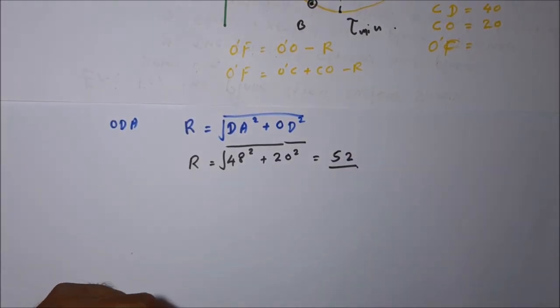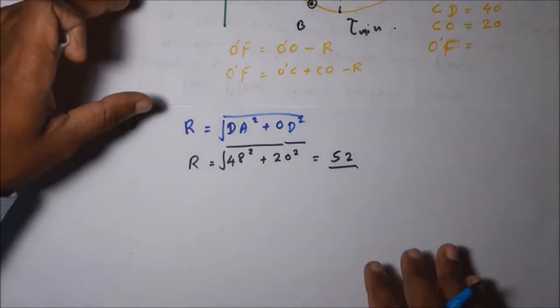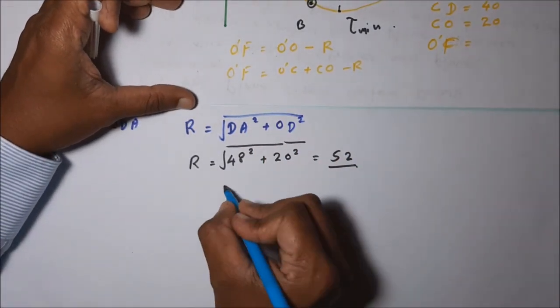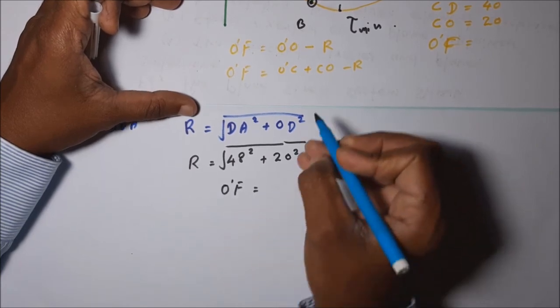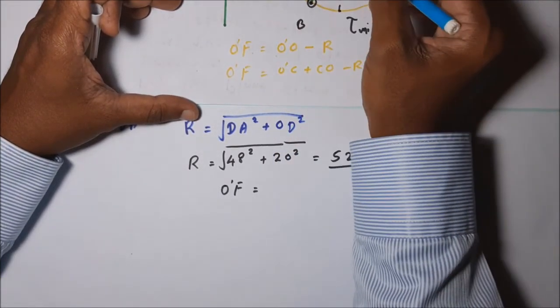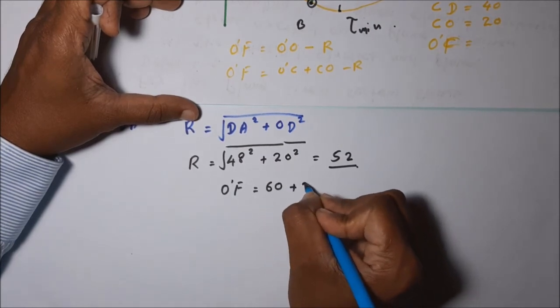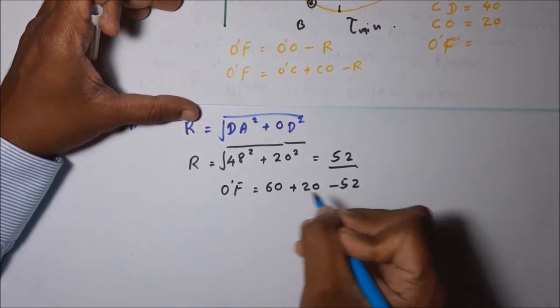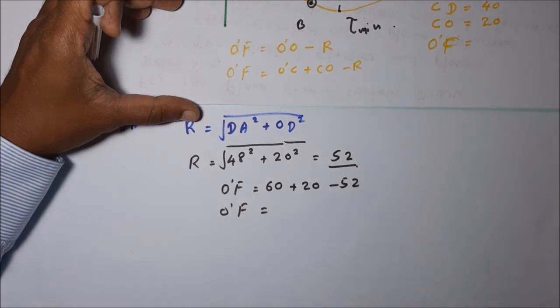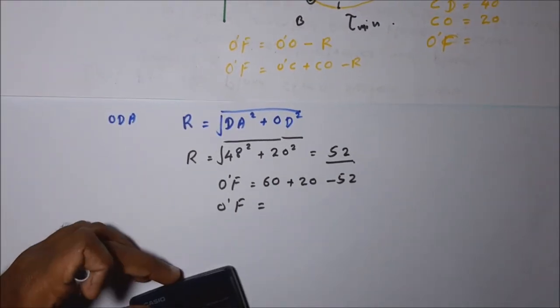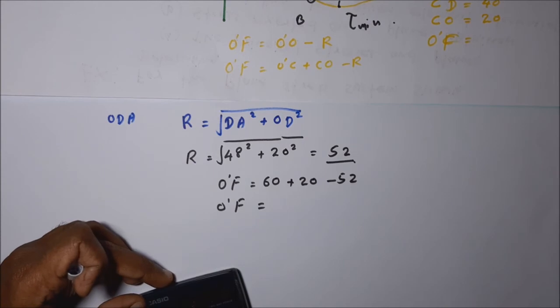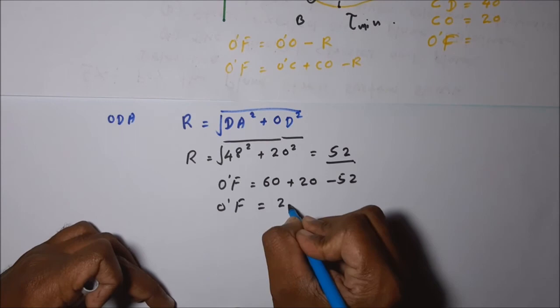It means R is equal to 52. So then we can find O dash F. O dash F is equal to O dash C minus... 60 plus 20 plus 52 gives O dash F equal to 28.